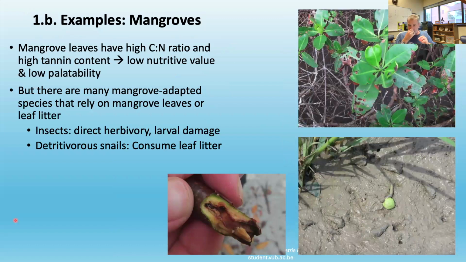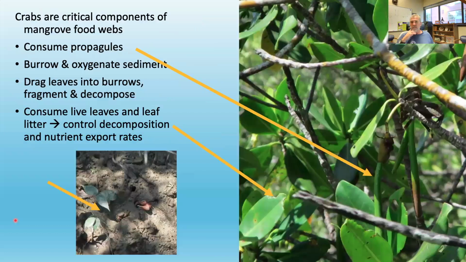So that said, like with the Spartina, there are a number of organisms that are adapted either for direct herbivory or that are detritivores that consume the leaf litter as it falls down into the water. So crabs are critical components of these food webs. We looked at the importance of crabs in low marshes in the previous discussion.